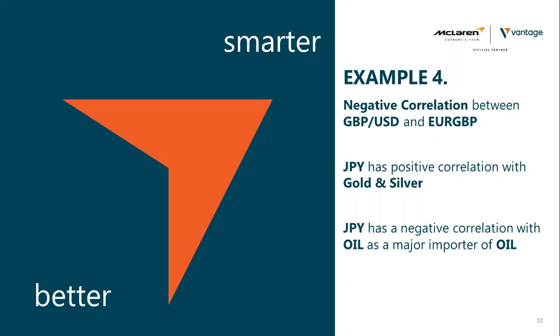This one is so easy that if you ever traded these 2 pairs and did not even know about correlation, you would suspect that there is a correlation between them. Because you will always notice that when one buys, the other one sells. When GBP/USD is buying, Euro/GBP will be selling, and vice versa, right? You will see that. That's when you start to even ask questions.